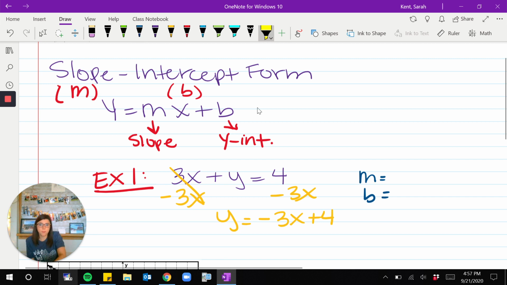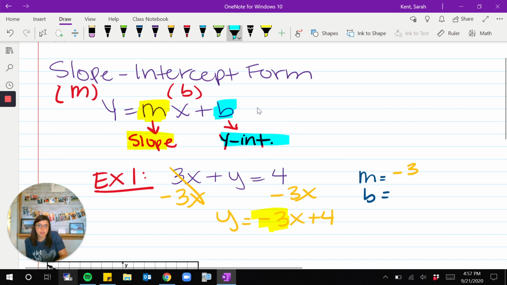If we remember from up here, our slope is always going to be the m, which is right next to our x. So if I go down to my equation here, the number right next to the x is this negative 3. So my slope is going to be negative 3. And then the y-intercept is always going to be at the end, either added or subtracted.